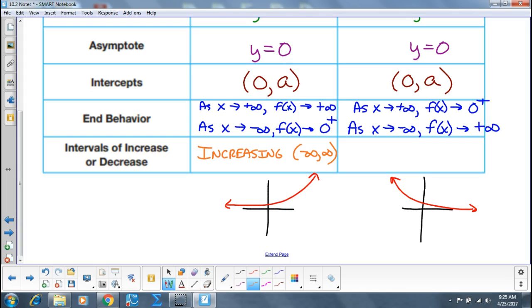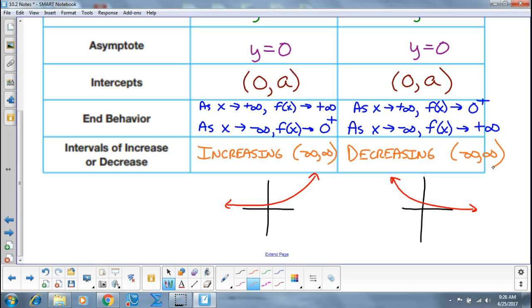Exponential decay function. It's always decreasing, right? If it's always decreasing, that means it's decreasing from negative infinity to positive infinity. It's right there in the title, decay.